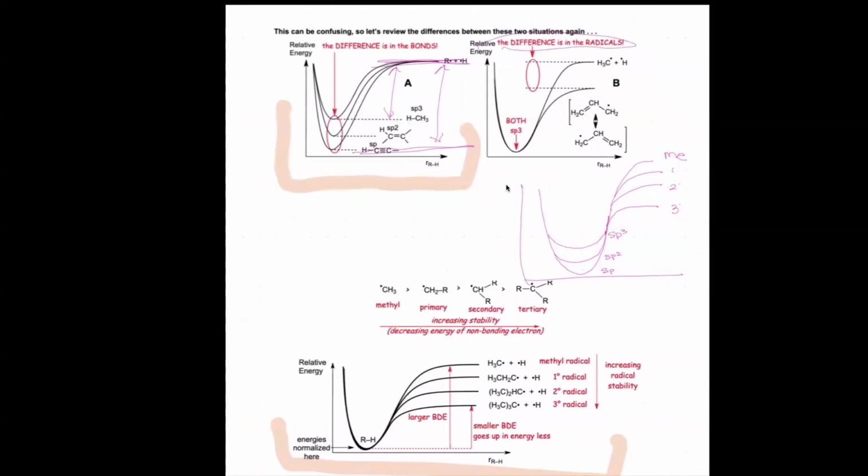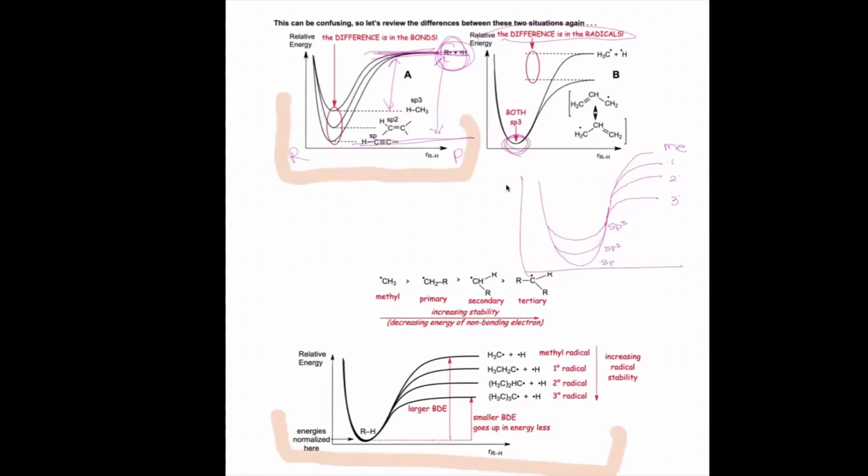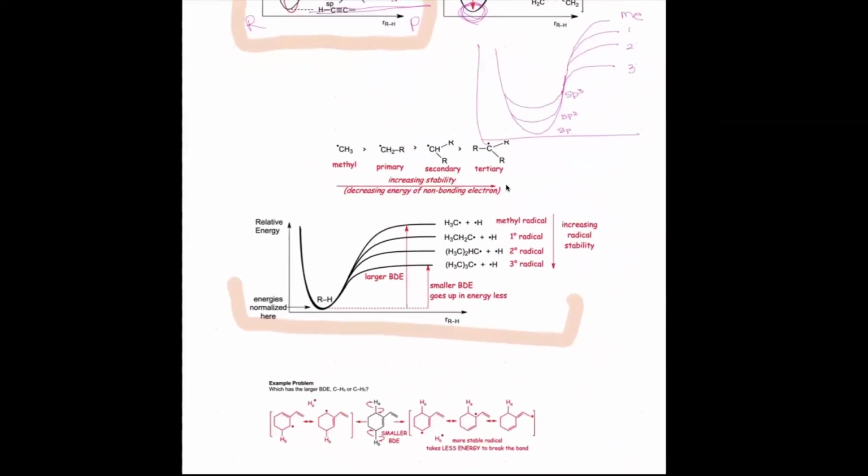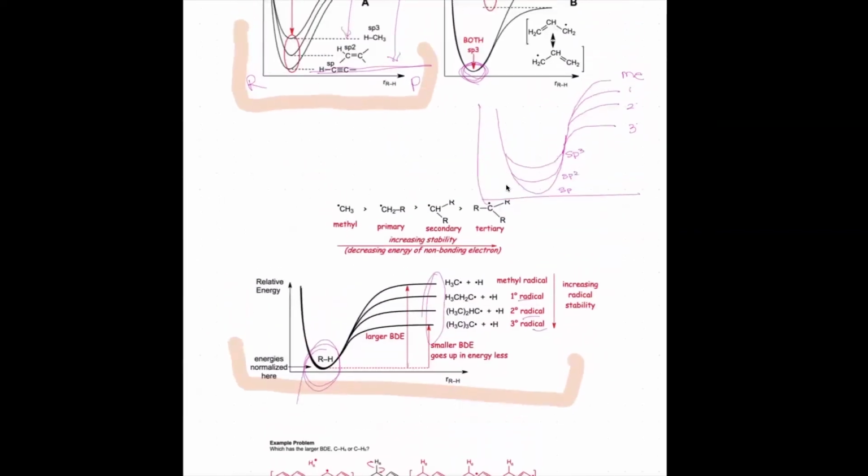You've got to remember that when you're looking at a graph like this, you have your reactants on this side and your products on this side. If your products are all the same, then that's where you can get this relative energy, versus when your reactants are all the same. So here our reactants are all the same, but our products are different, and that's why we have a third degree, a second degree, and a first degree radical.